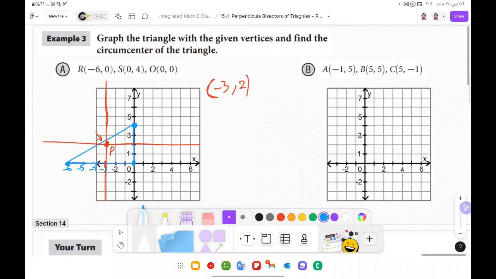So -1 should be here, 5 should be here, right? Then I have 5 and 5, so 5 on the right and 5 up should be here, then 5 and -1, 5 to the right, then -1 down here. Sorry, this is -2, so -1 should be here.